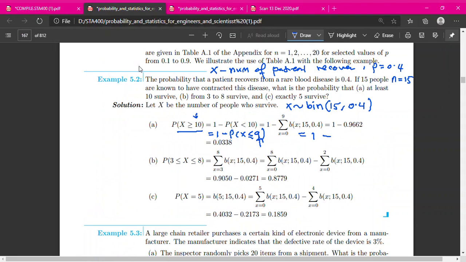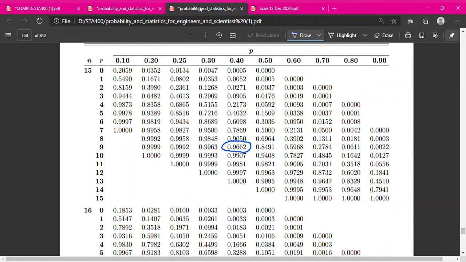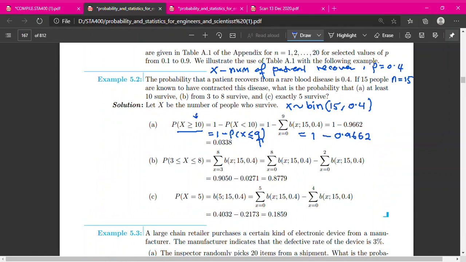So, 1 minus 0.9662, which is less than or equal to 9 tadi. Okay, N 15, P 0.4. So the answer is 0.0338. You akan dapat jawapan yang sama bila you calculate manually lah.